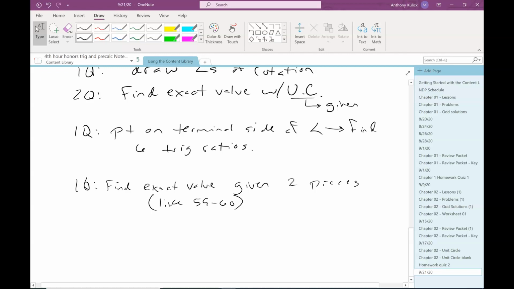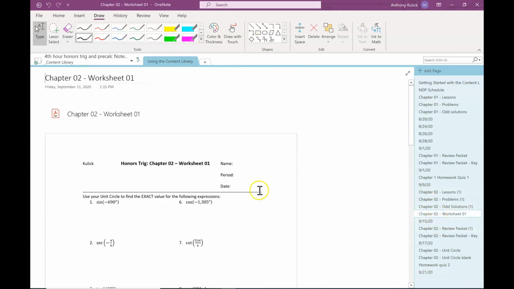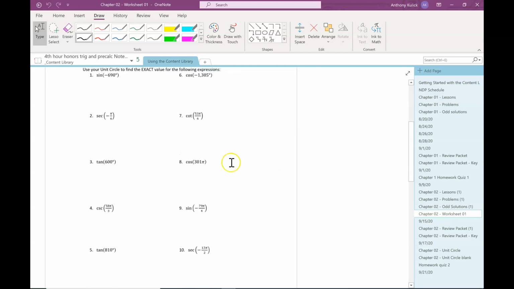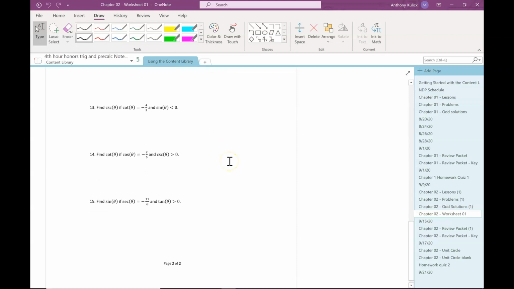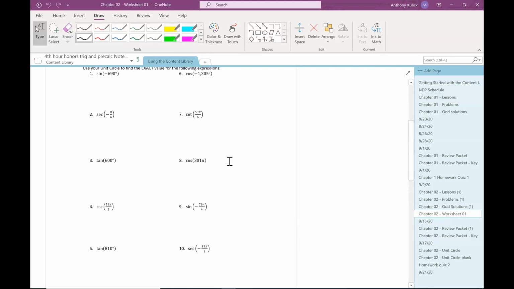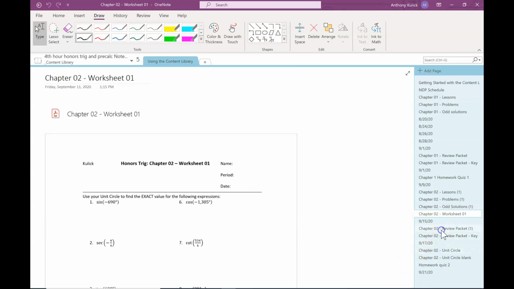Yeah, so we have about 30 minutes or so left in class. You'll notice on the content library, there is a worksheet practicing using the unit circle to find exact values. This is similar to these last two parts of the homework. And there's a review sheet.